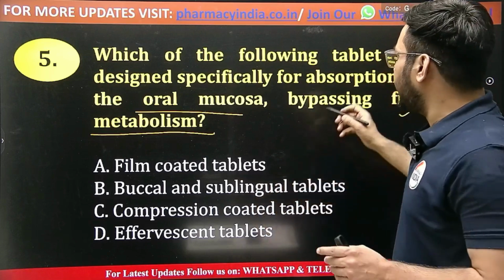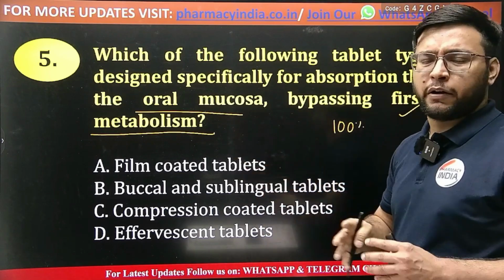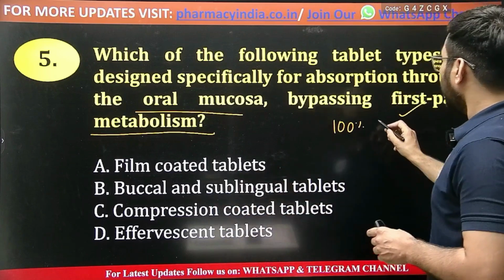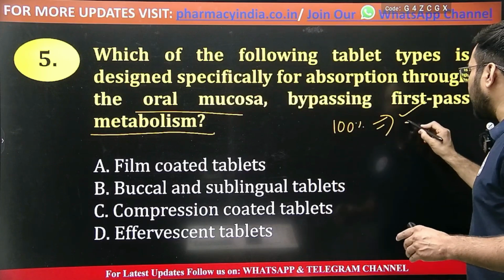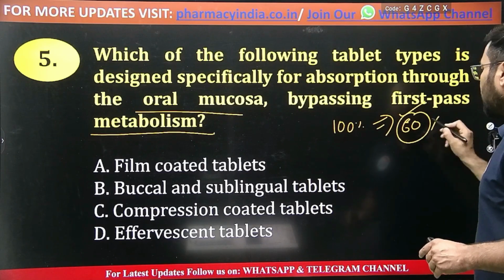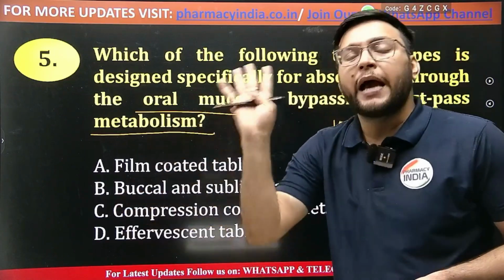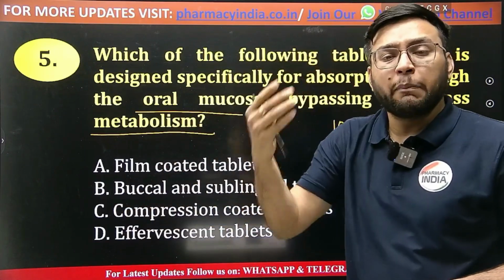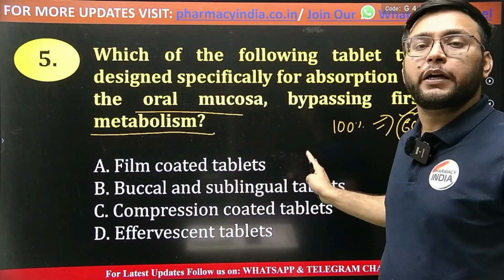Let's suppose we administer 100% of the drug through a tablet, but by reaching the site of absorption only around 60% arrives. So what about the 40%? That 40% is metabolized by the liver and gut wall.